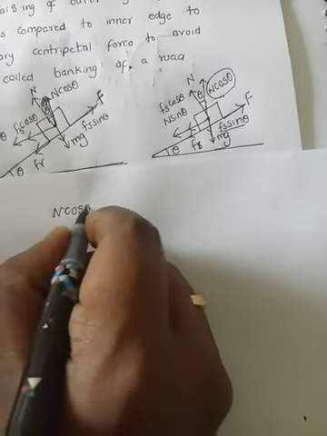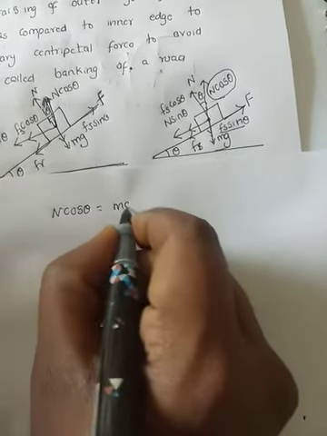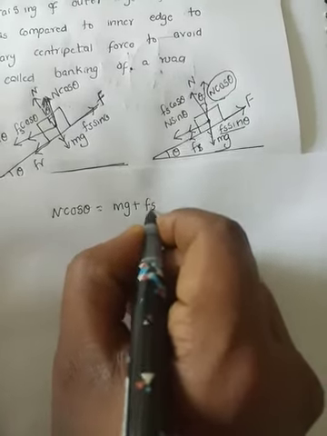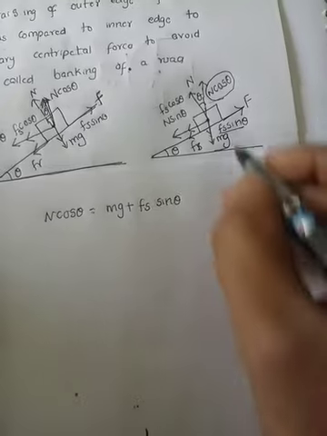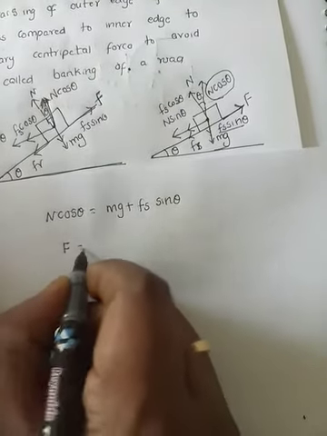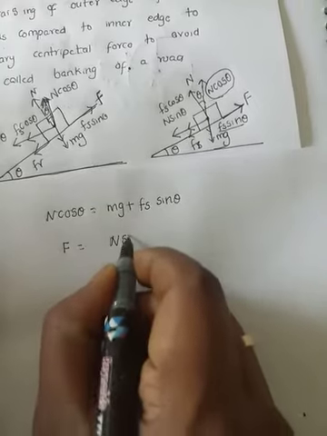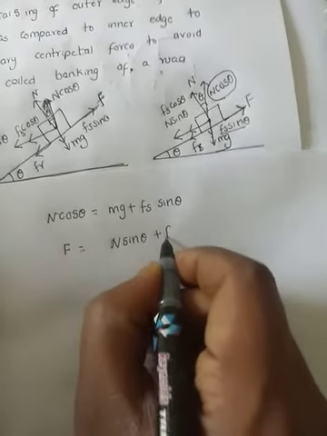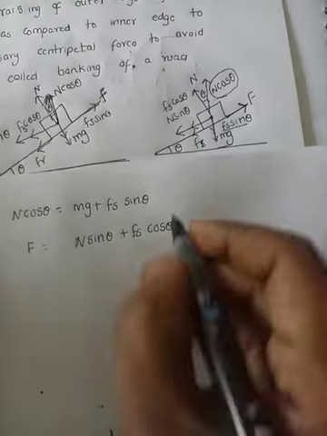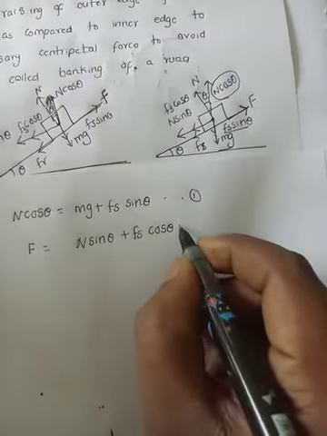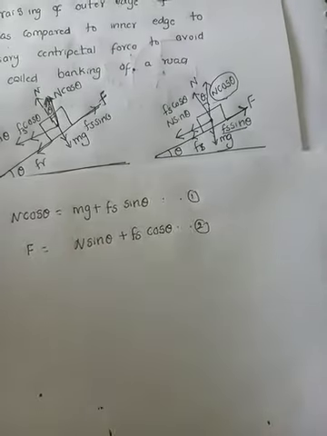N cos theta equals mg plus Fs sin theta. In a similar way, this is the centripetal force, so F equals N sin theta plus Fs cos theta. Consider these as equations 1 and 2.